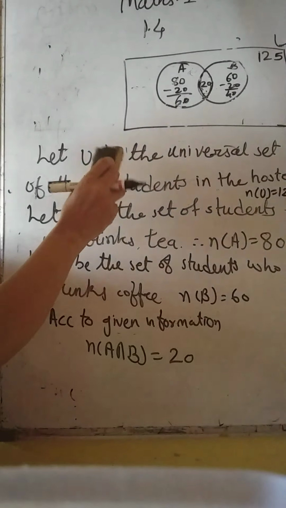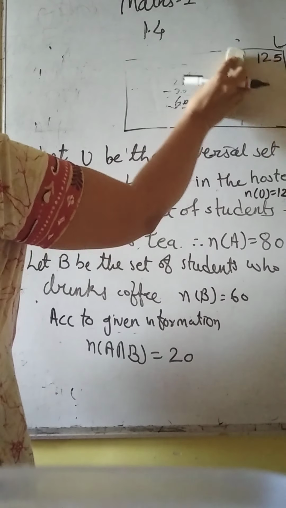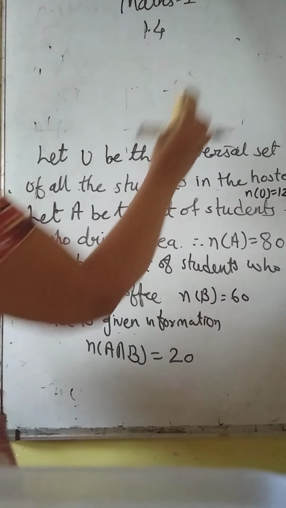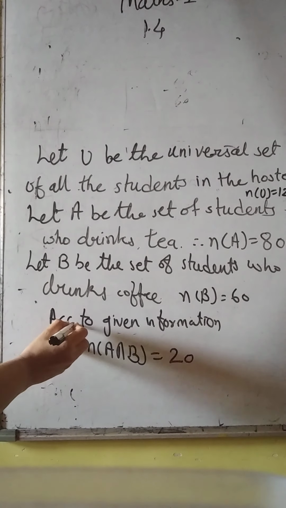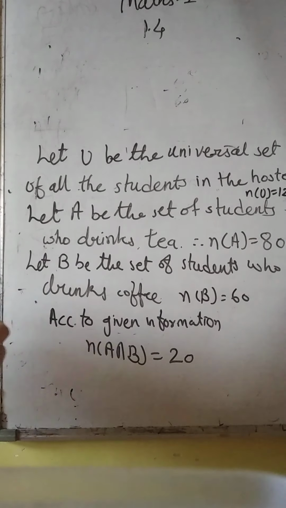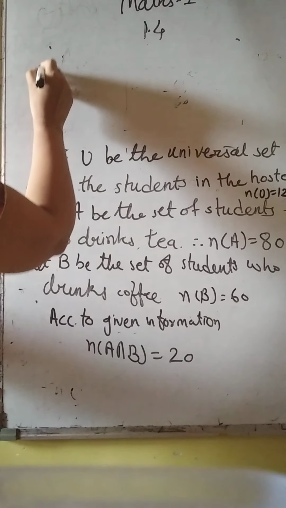Okay. So now I'm solving further. I'm just rubbing out this part. Miss, what have you written? I've not written anything. ACC. I'm going to write now. This ACC is according to the given information. Okay. So now we have the formula.